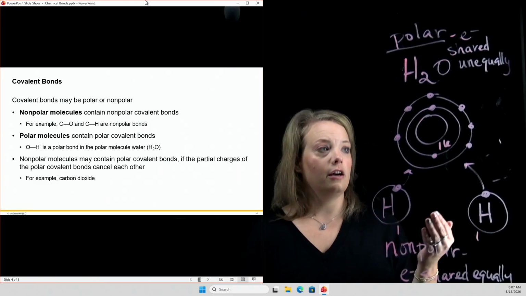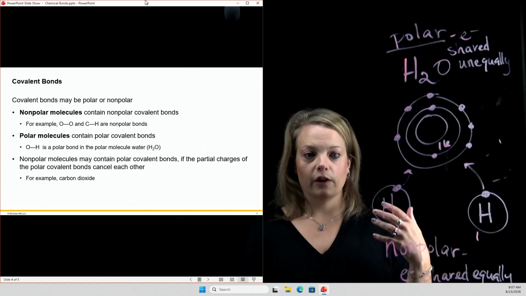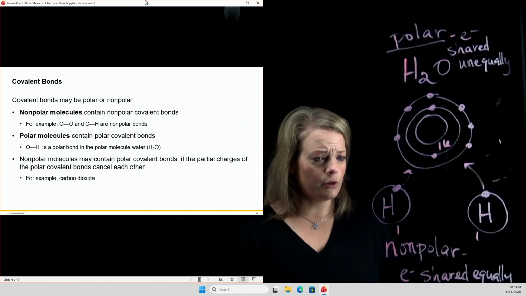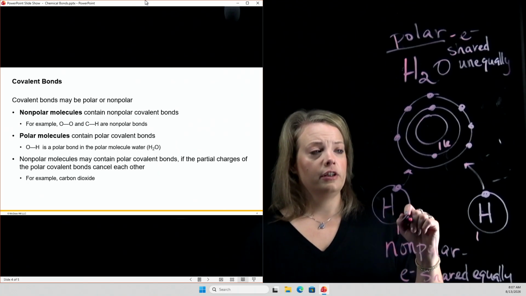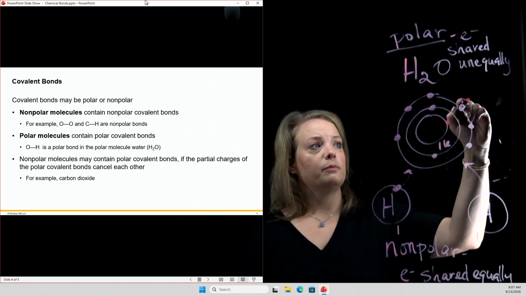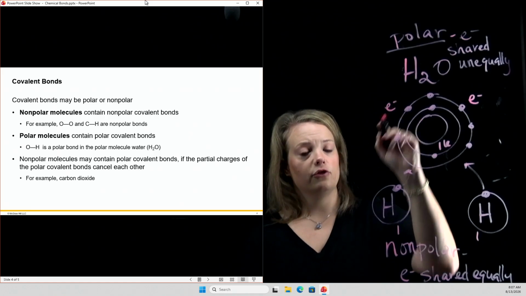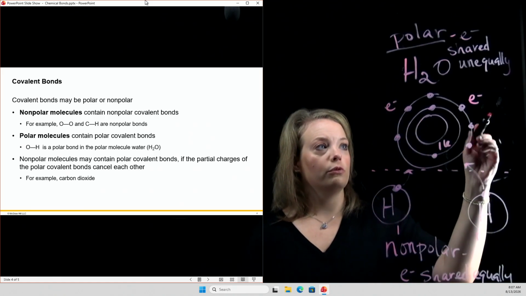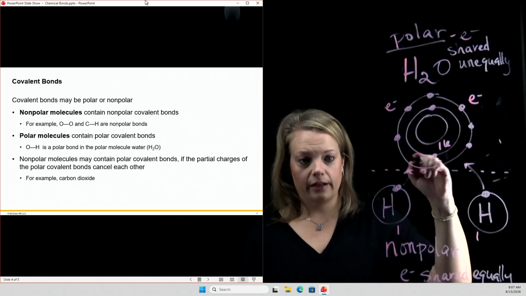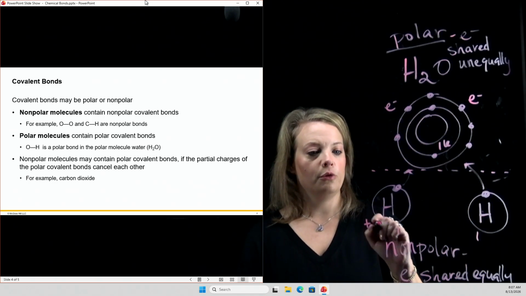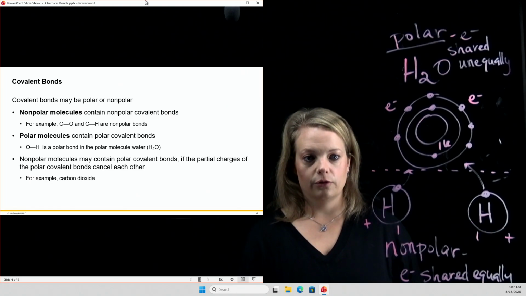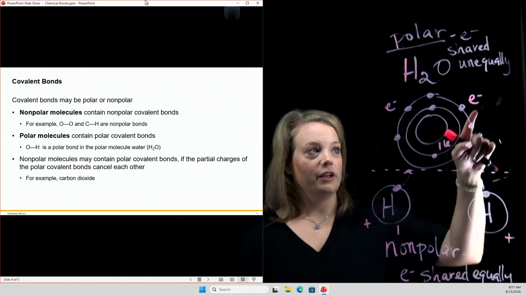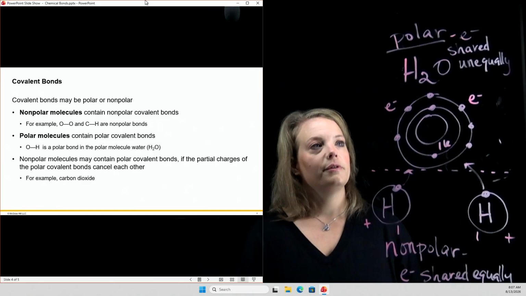This unequal sharing of electrons creates a very interesting molecule. So since electrons are negative, if electrons spend more time around the oxygen atom, that's going to make that oxygen region more negative compared to the hydrogen region. Just like if you spend time around people who are negative, you're going to become more negative.